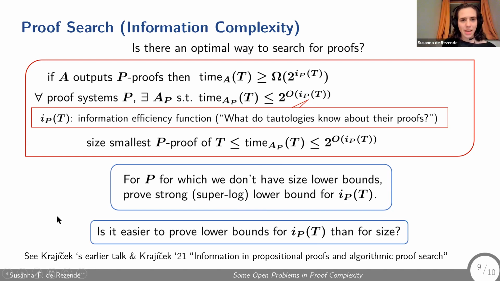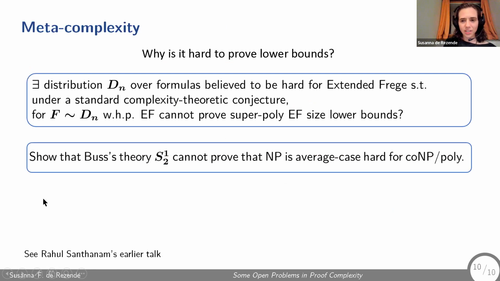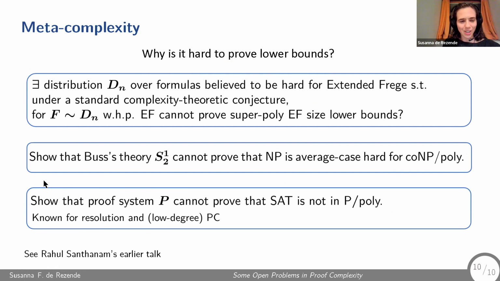Okay. And finally, earlier in the session, we had talked about meta complexity. So why is it so hard to prove lower bounds? In particular, even Frege or extended Frege lower bounds. So can we show that there is some distribution of formulas which are believed to be hard for extended Frege, but are somehow hard to prove?